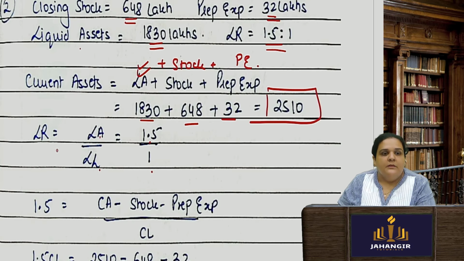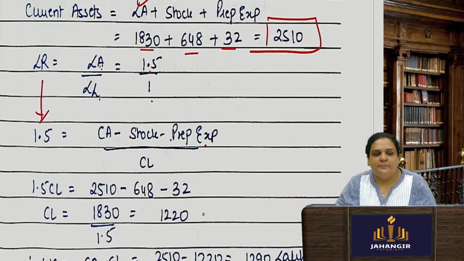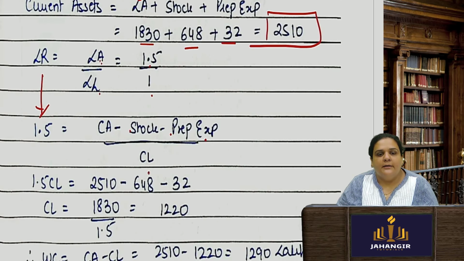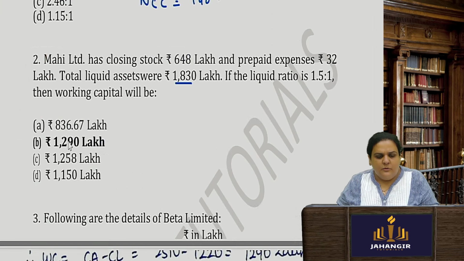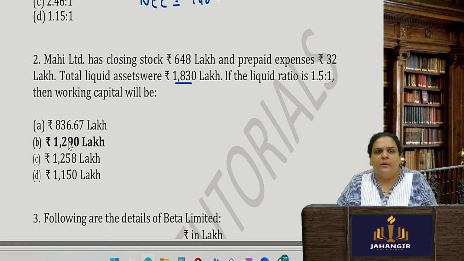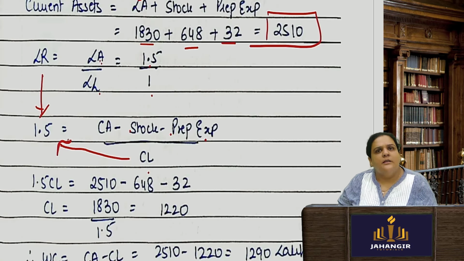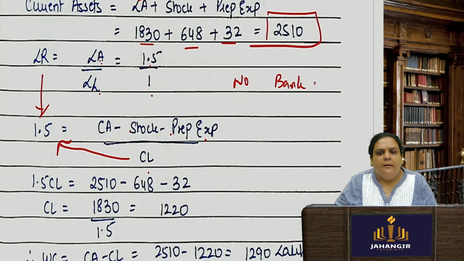Liquid assets means current assets minus stock minus prepaid expense, upon current liabilities. This current liabilities, I don't know. There is no other kind of liquid liability like bank OD. If there is no bank OD, then your current liabilities and liquid liabilities become the same thing.